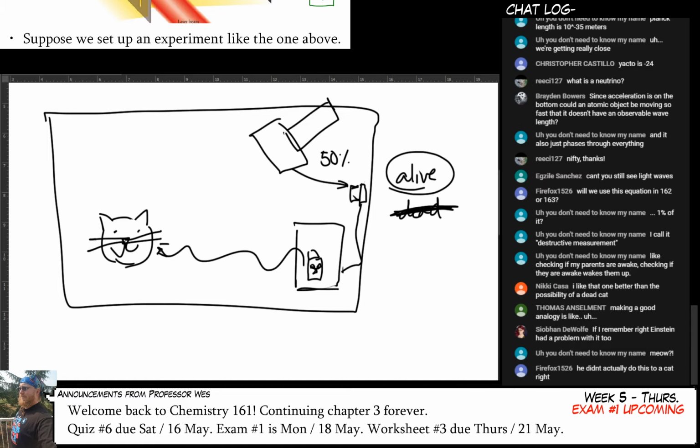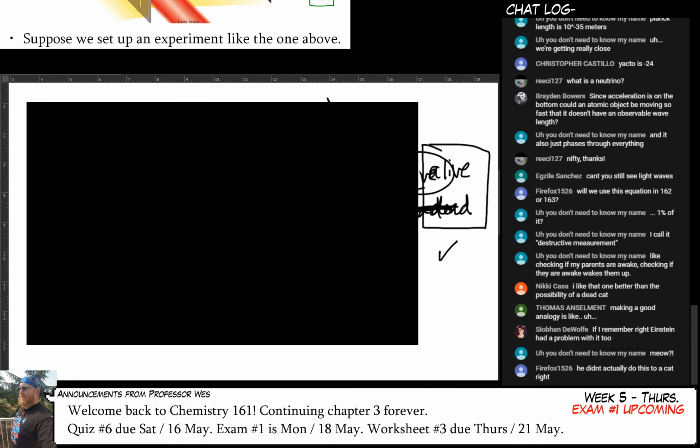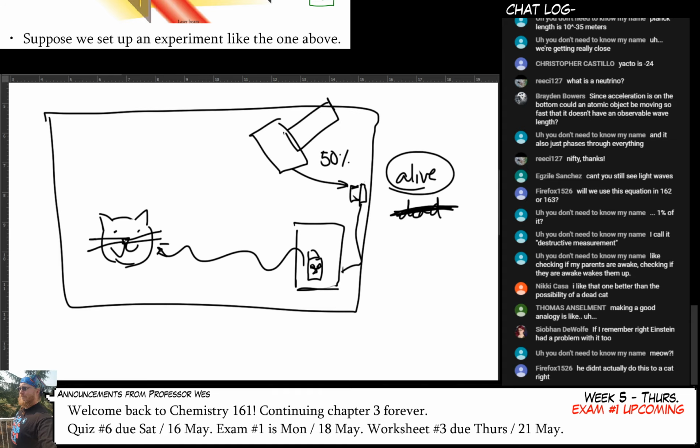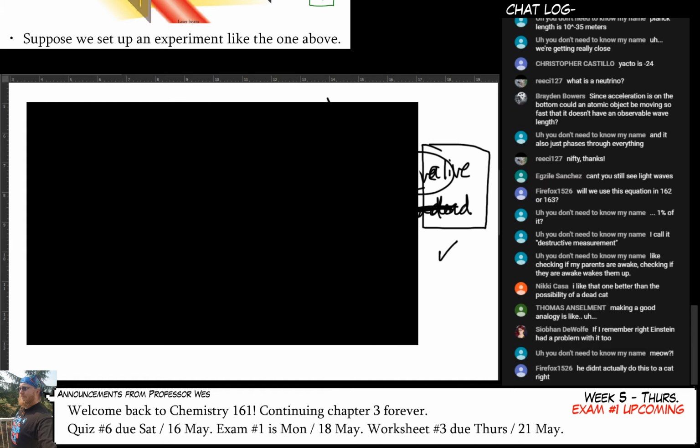But when I have the box closed, I don't know which one is true. The act of me opening the box changes the information that I have, and the words he uses are that it collapses the wave function and creates a reality. But before that reality, both are true.